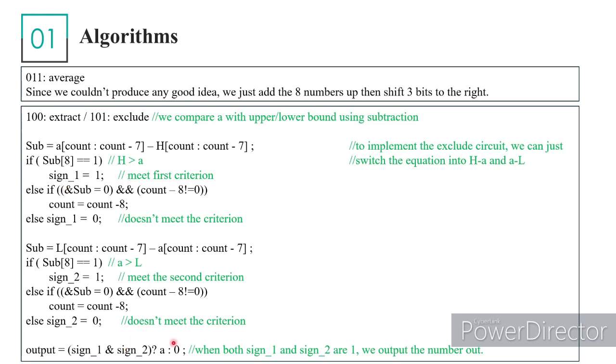Only when both criteria are satisfied at the same time, that is, the logic AND of sign 1 and sign 2 equals 1, then we output this number in that round. Otherwise, we won't output it.